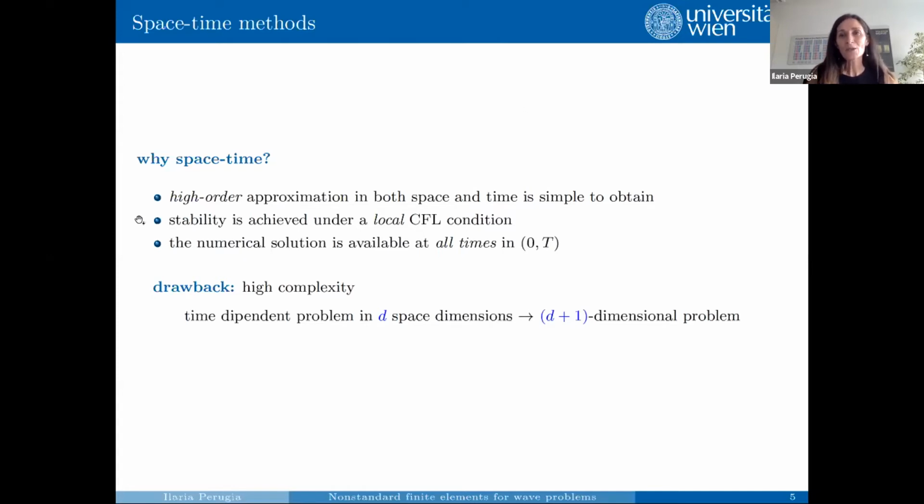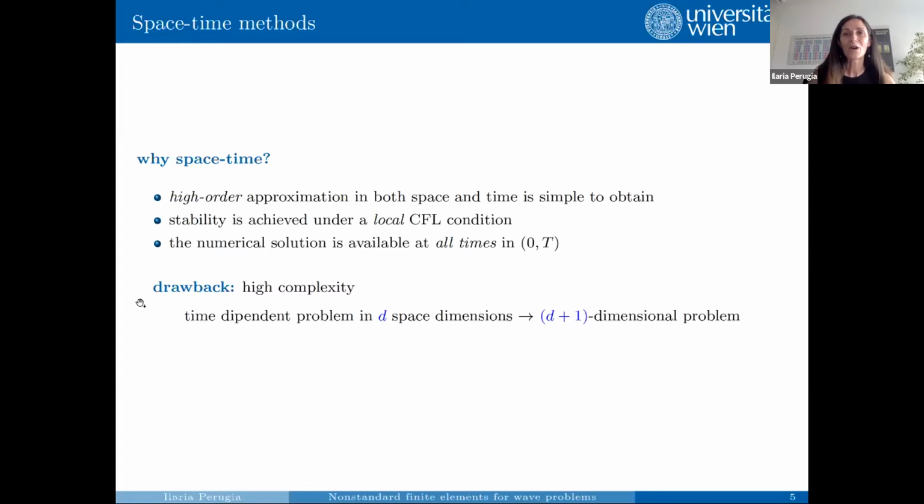And then by suitably choosing the space-time variational formulation, one can achieve stability under a local CFL condition only. So basically, the smallest elements in space do not affect the choice of the time step everywhere in the domain. And then the numerical solution in a space-time setting is available at all times in the interval of interest and not only on the discrete times.